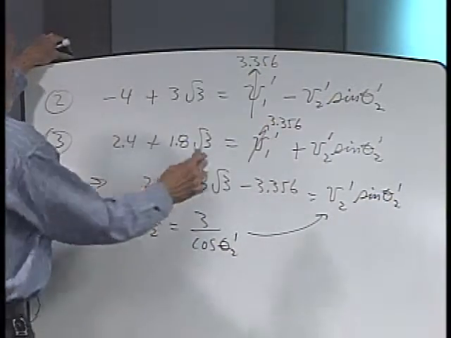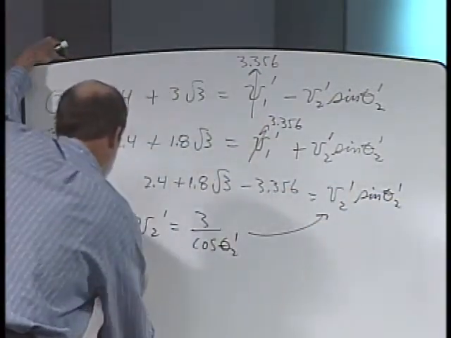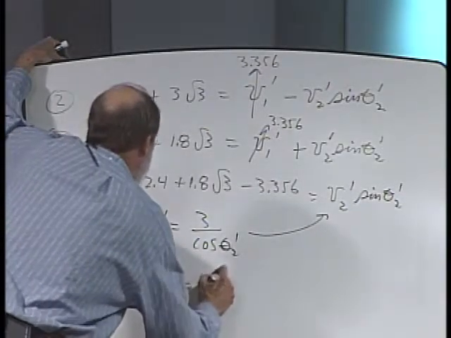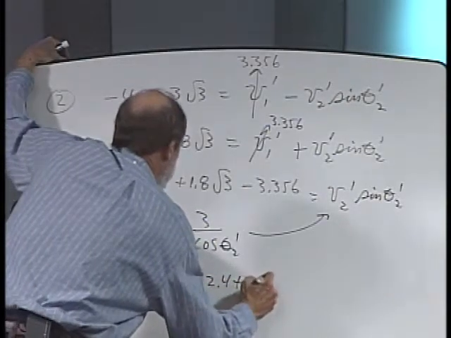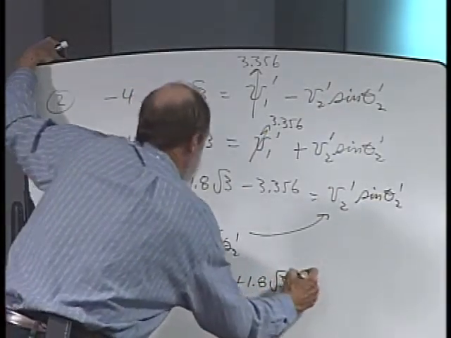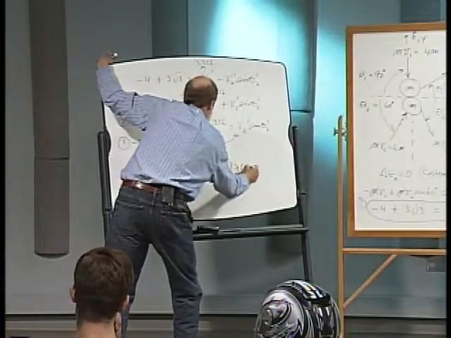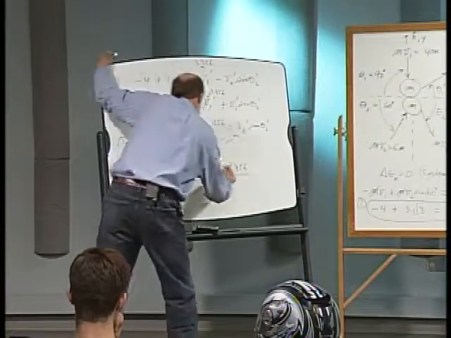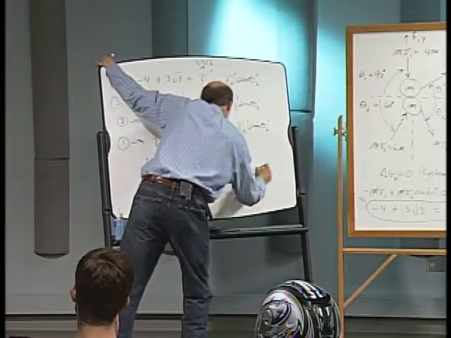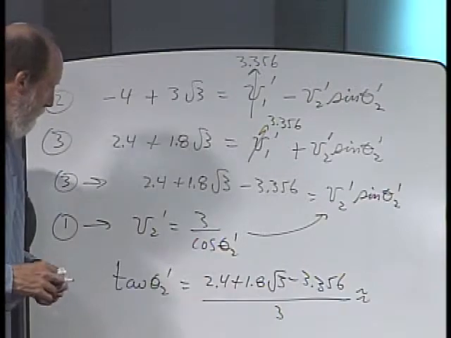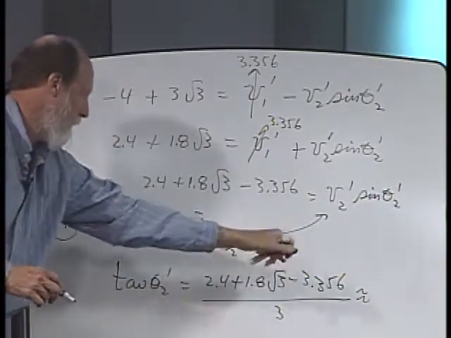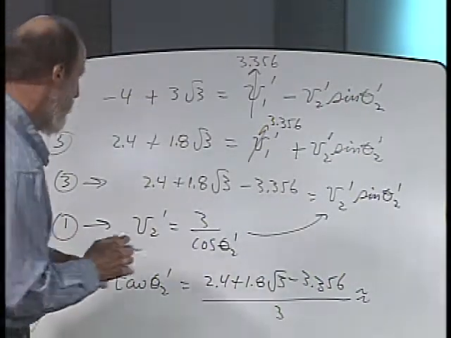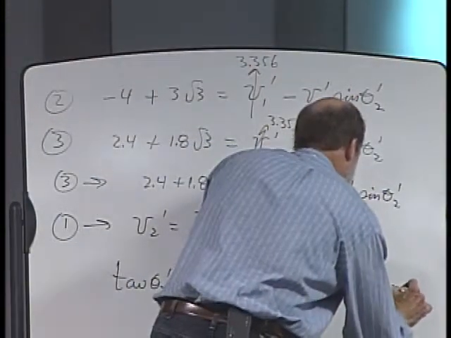Okay? So we get 3 times the tangent. So the tangent of theta 2 prime then is going to be equal to this 2.4 plus 1.8 square root of 3 minus 3.356 divided by this 3 factor. That tangent numerical value is what? 0.720. 0.720.